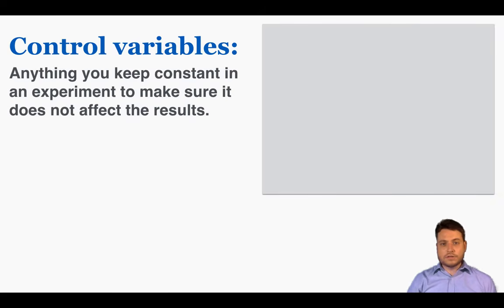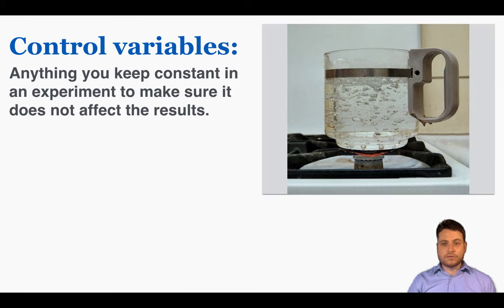The next definition you need to know is control variables. A control variable is anything that you keep constant in an experiment to make sure that it does not affect the results. Going back to our examples, in the example of boiling different amounts of water to see how long it would take to evaporate, we would want to make sure that the temperature that we're boiling the water at is the same for each experiment.